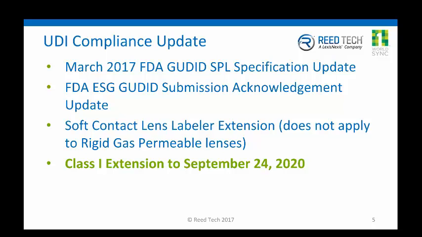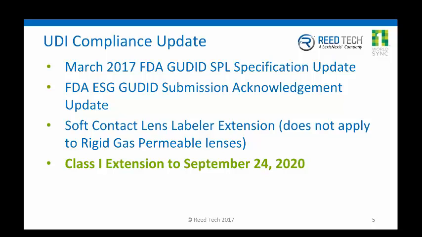With the changes that went into effect in June, the FDA also made an update to their electronic submissions gateway usage for your SPL UDI submissions, specifically with the third acknowledgement.